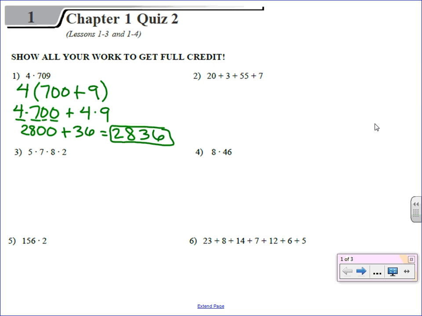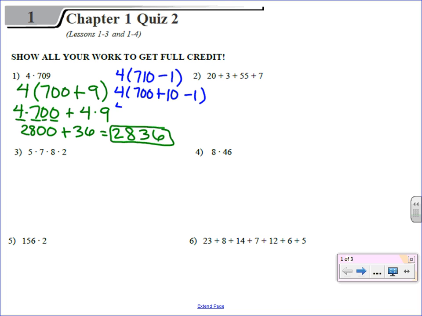Now another way that we could do this one is to call 709 710 minus 1. So you would have done 4 times 710 minus 1. And then you might actually do 700 plus 10 minus 1. We are renaming 710 then.